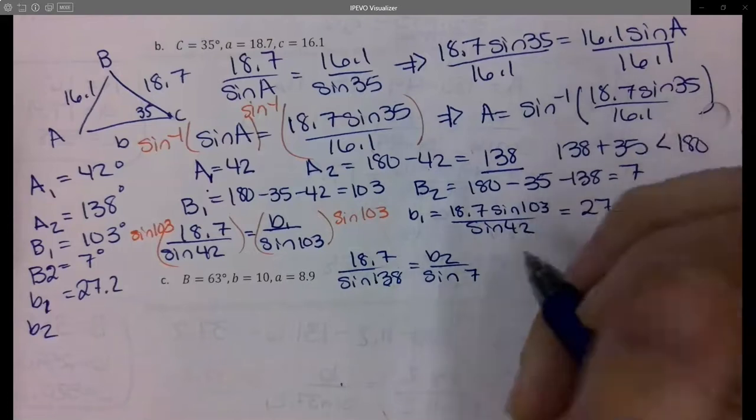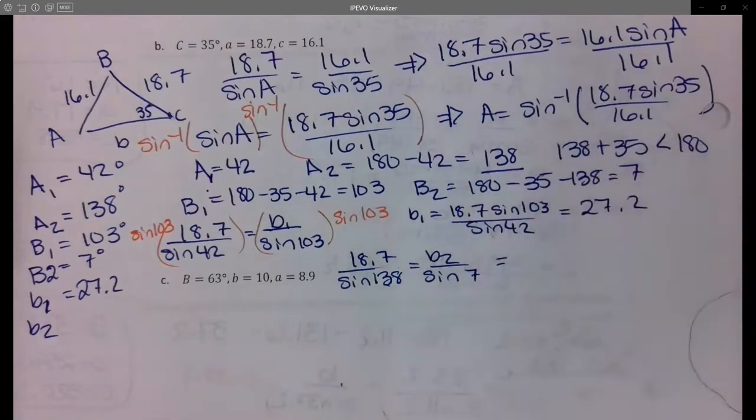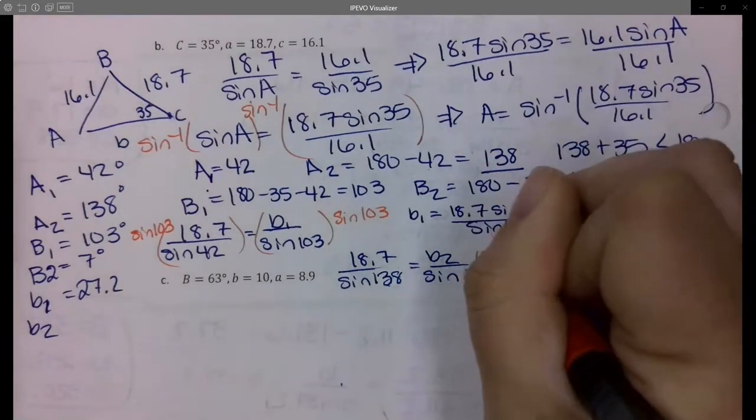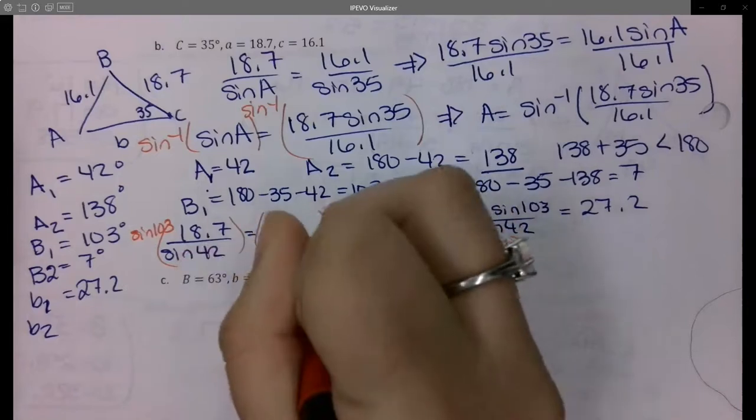So then I would go ahead and multiply both sides by sine 7 to get rid of it from the right side.